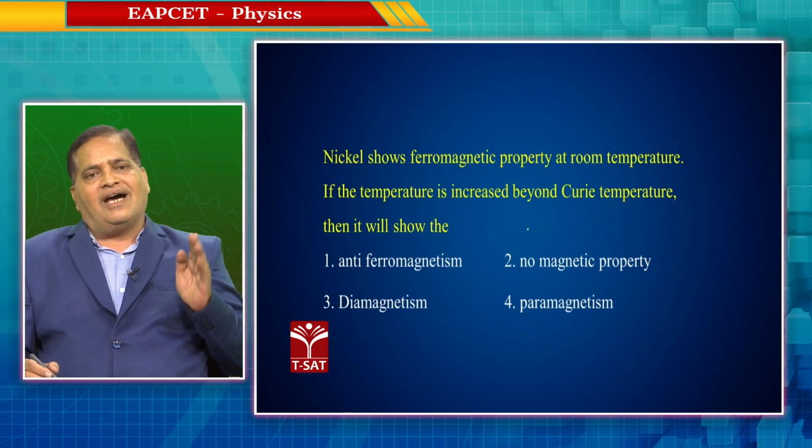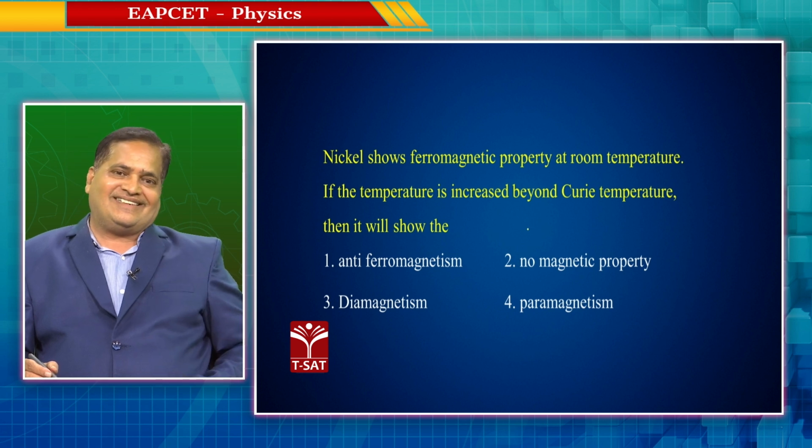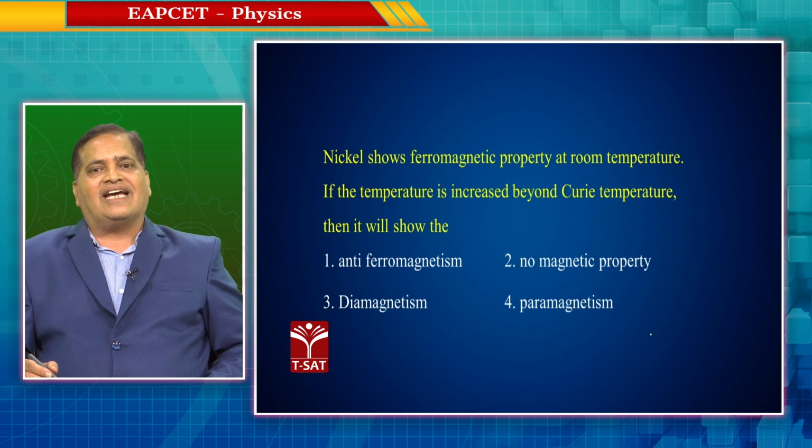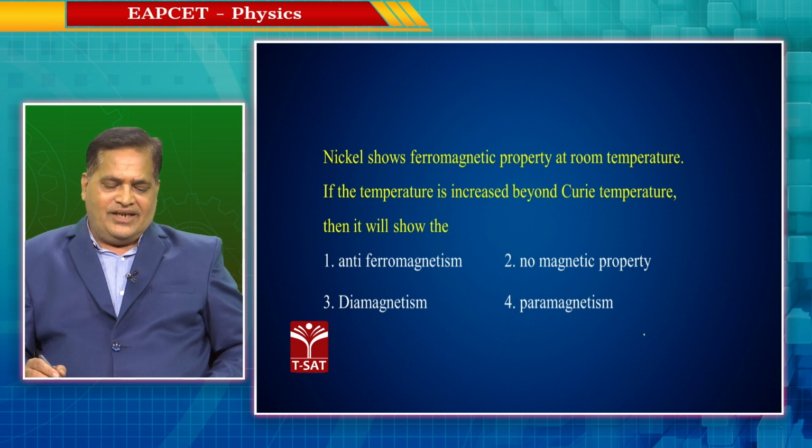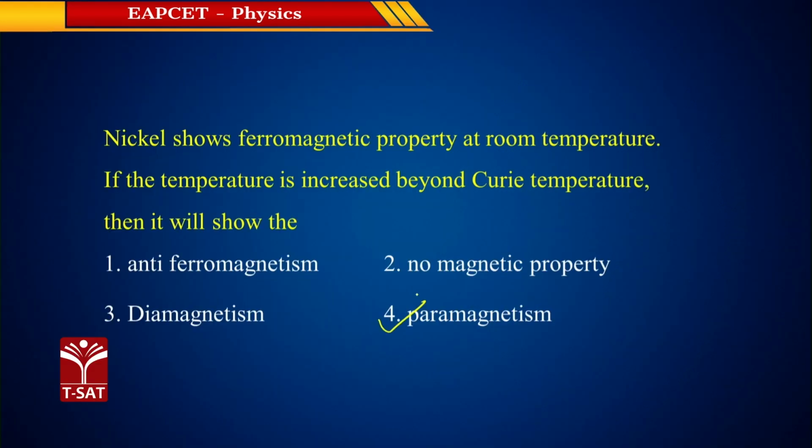Iron, nickel, cobalt are the ferromagnetic substances. When the ferromagnetic substance's temperature is increased to a certain temperature, that temperature is called the Curie temperature. At the Curie temperature, ferromagnetic substances are converted to paramagnetic substances. Therefore the fourth option is the correct answer.